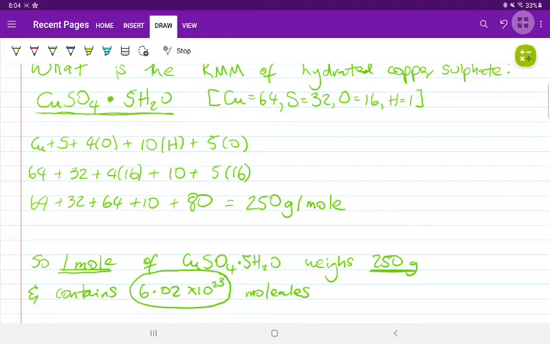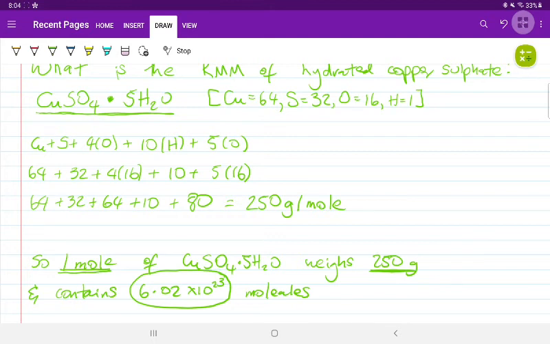This idea that 1 mole of anything will contain a certain number of particles and all those particles have a particular mass is how I tend to do mole conversions with you guys, which is what I'm going to do with you in the coming weeks, converting between moles and mass, converting between moles and particles, converting between particles and mass.